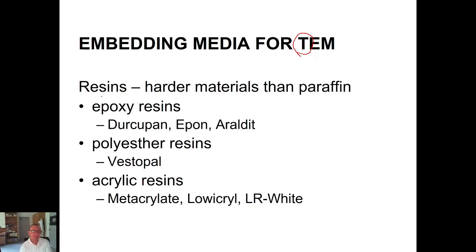Mostly epoxy resins, not so much at current histology polyester resins, but well used are acrylic resins because they are at least in part miscible with water, and so the tissue is not necessarily completely dehydrated, which can sometimes be good for some special techniques.